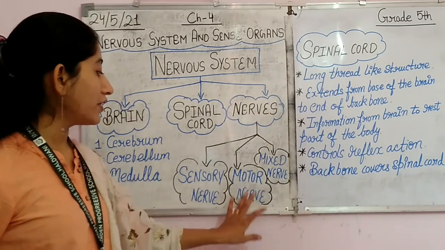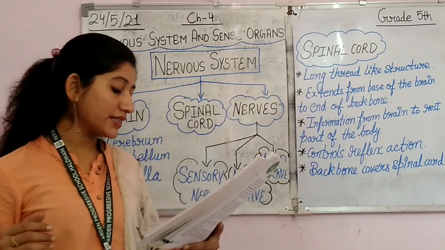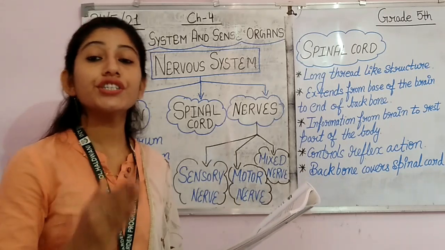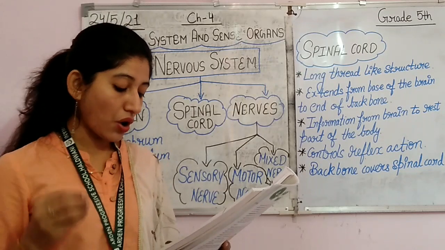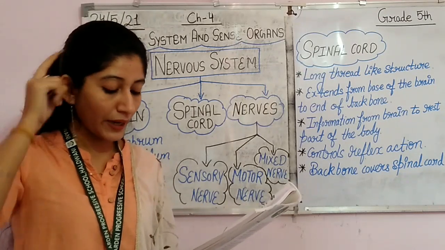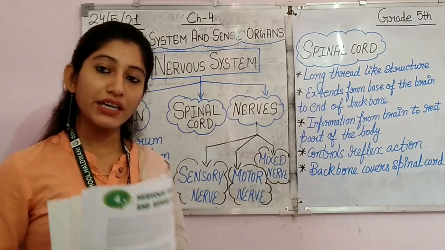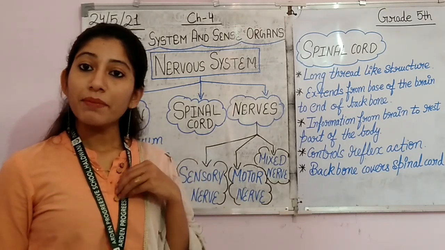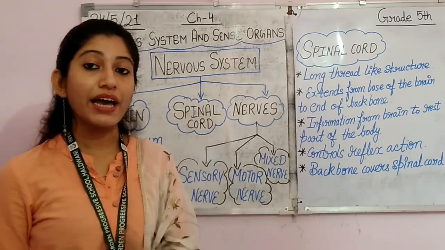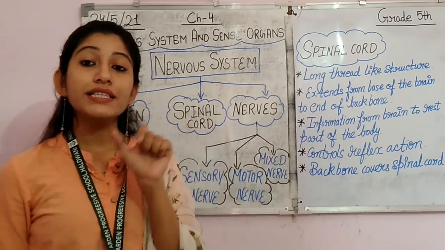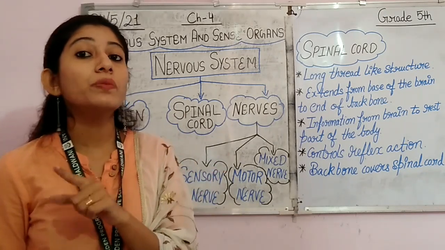Then the second type of nerve we have is the motor nerve. So what are motor nerves? These nerves carry instructions or orders from the brain to the muscles and glands of the body. Okay, the sense organ has given the message to the brain, so that was the sensory nerve's work. After that, the brain decides and gives an order about what is to be done.